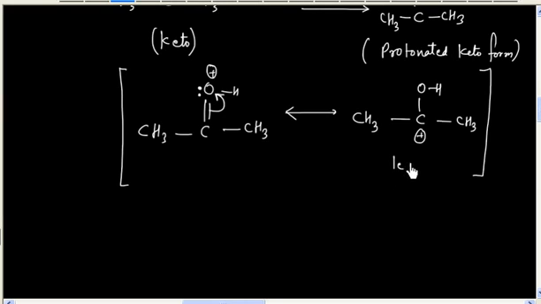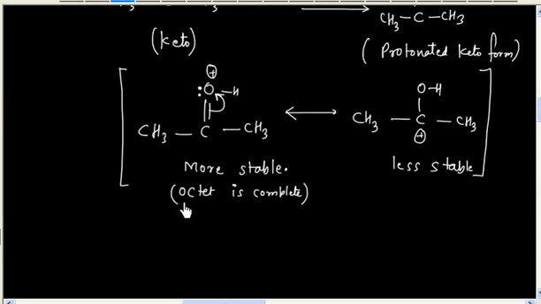This will be less stable and this is more stable, because in this case the octet of each atom is complete. Now in this case the octet of carbon is not complete.